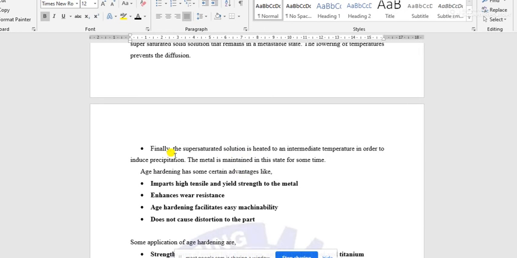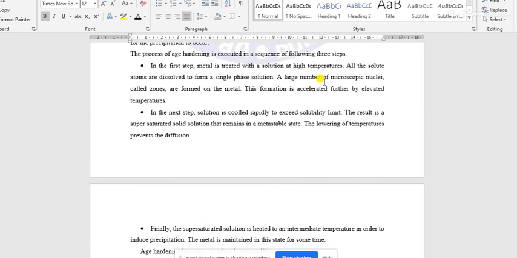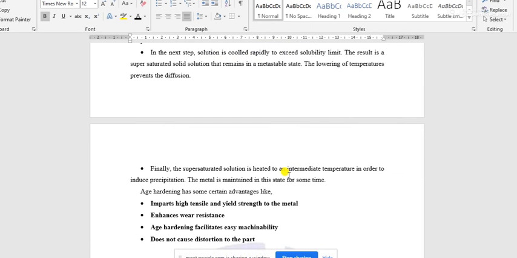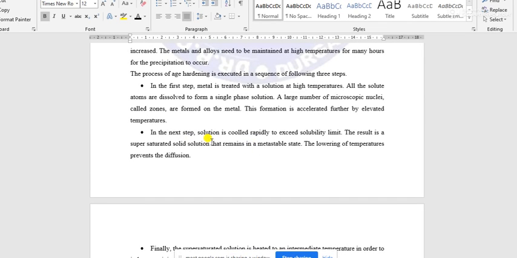And finally in the third step, you have to heat the solution at some intermediate temperature, obviously not as high as we used in the first step, but intermediate between the cooled solution and the heated solution.